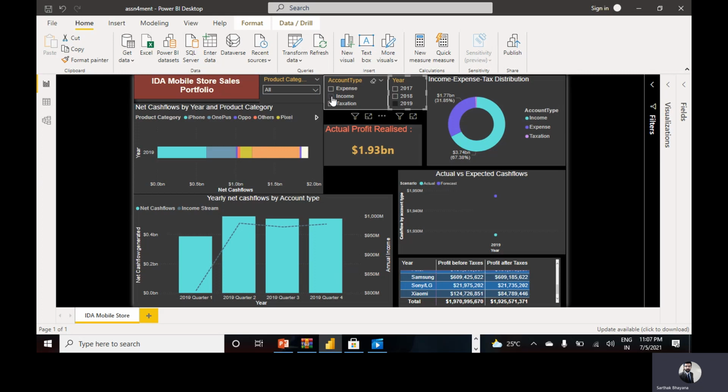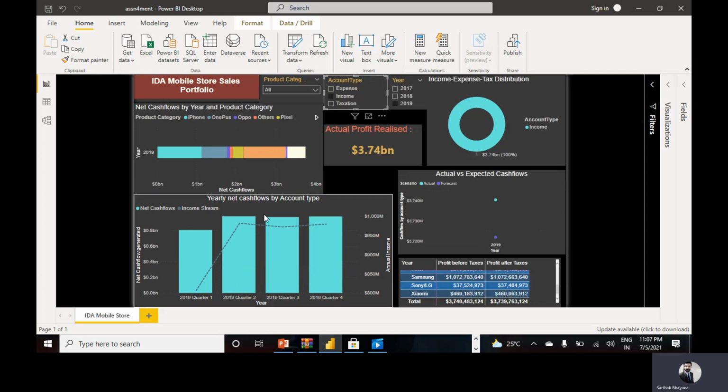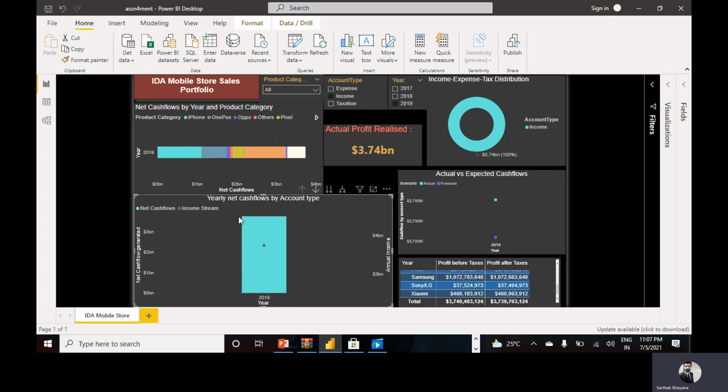Now, even if I want to focus on the account types, as I have selected the income levels, and if I revert it back to the annual scales, this is only showing us the data of 2019 income, and here also we are only seeing the data of 2019.